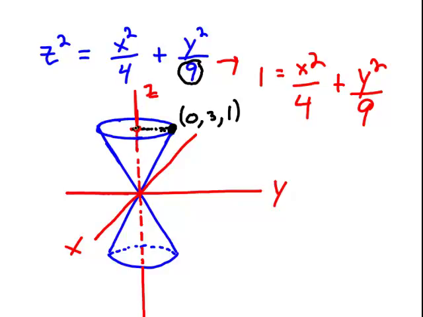Whereas this point right here, if you go out parallel with the x-axis, so over on this point we went parallel with the y-axis, here we're going parallel with the x, the z-coordinate would be 1 still, but now the x-coordinate is out 2, and the y-coordinate is 0. So if you wanted to put in some information, one easy way to do that is just label a couple of points.